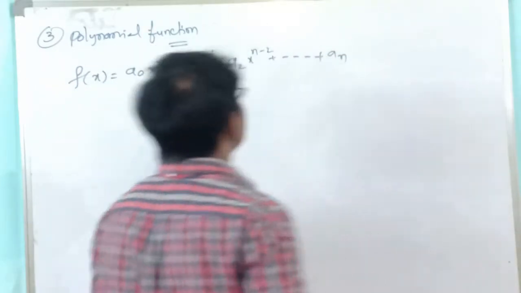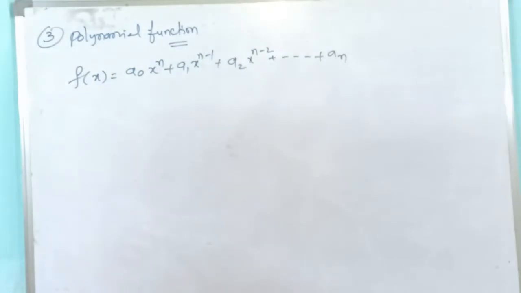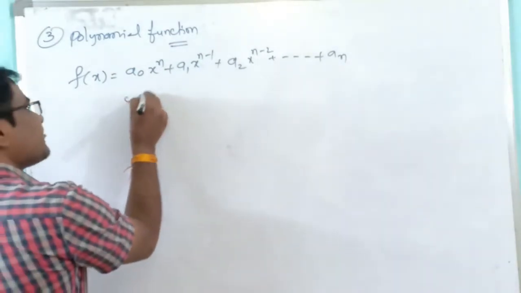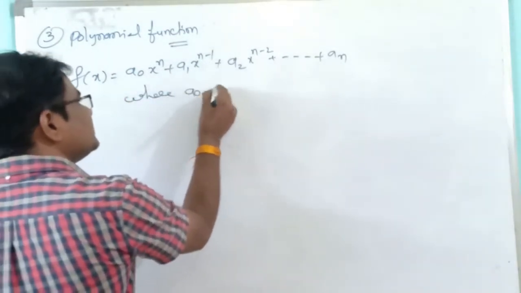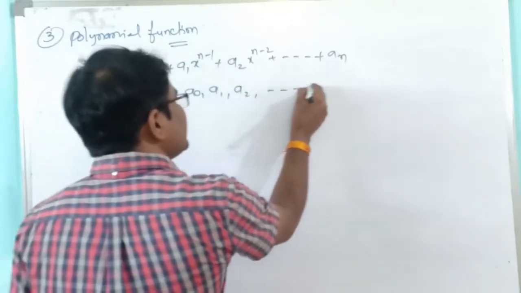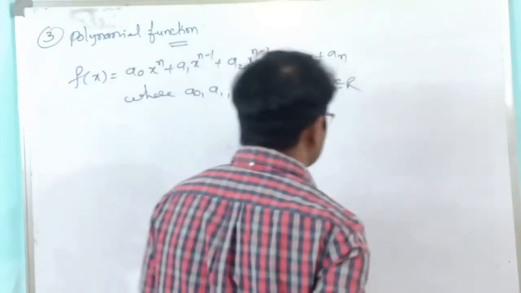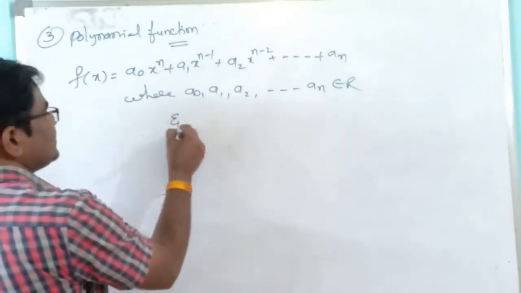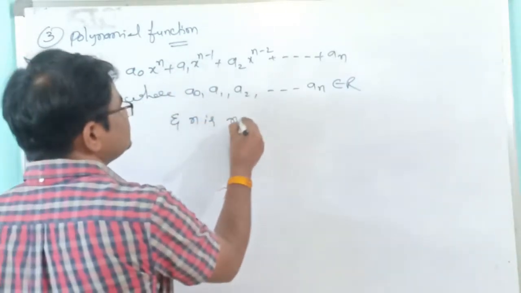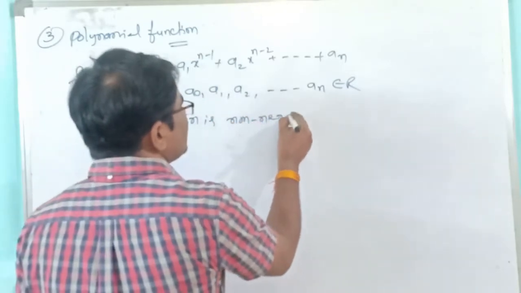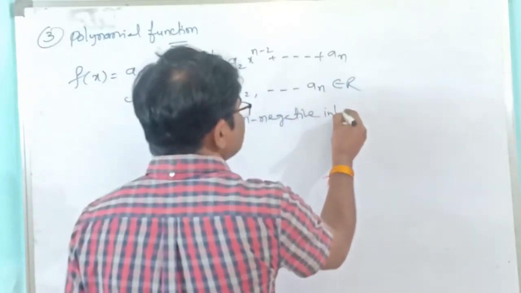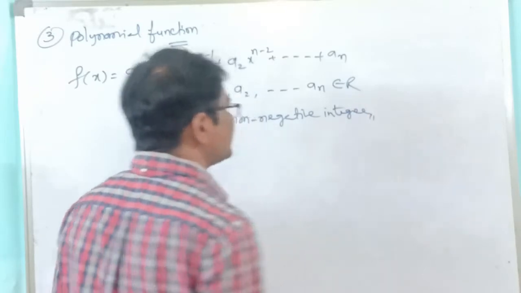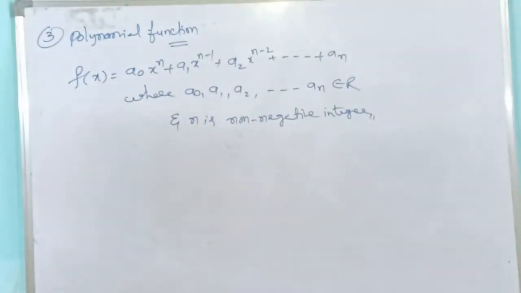Here a naught, a1, a2, etc., an belong to the real numbers, meaning the coefficients, and n is a non-negative integer.